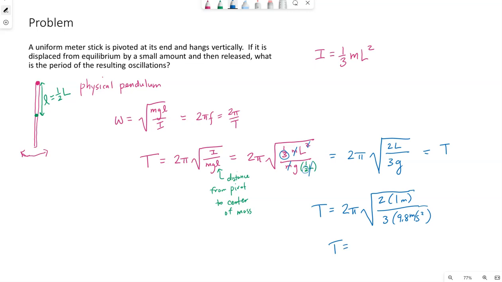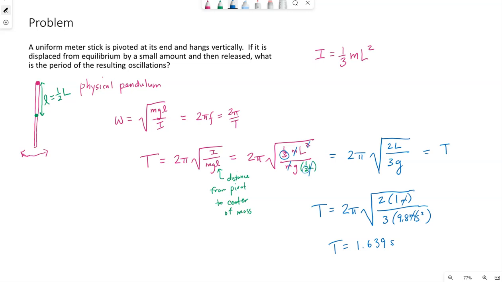So, calculating this, I'm getting 1.639 units. Meters are going to cancel. That second squared comes up to the numerator. I take the square root. This will be in seconds.